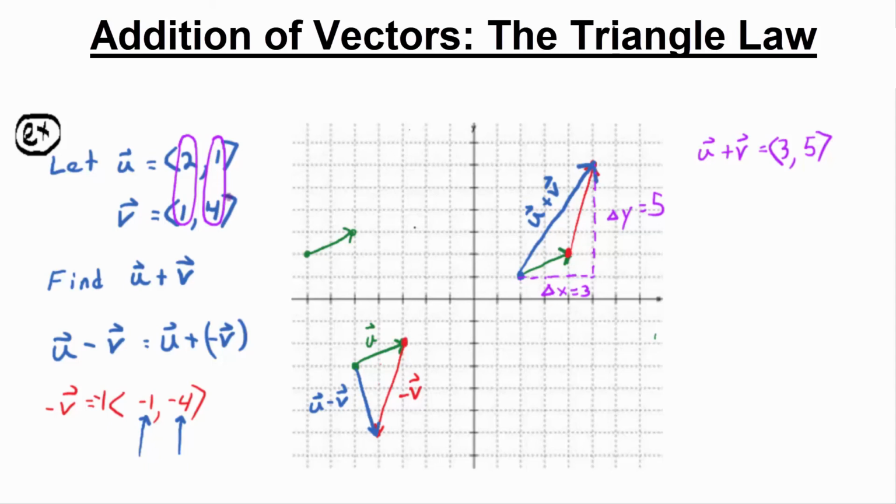So we can state that rule now. Let's state that rule symbolically. I need to define symbolically the vectors. So just to switch things up once again, I'll let v equal, instead of a b, I'm going to call the components v1 and v2.